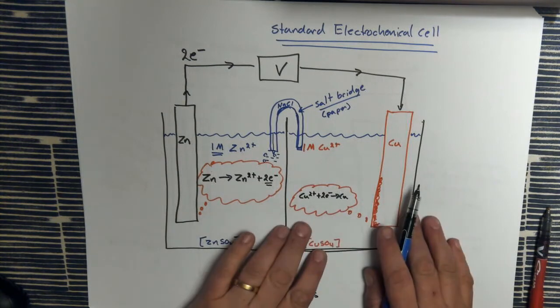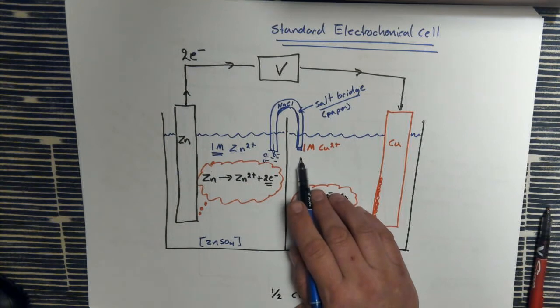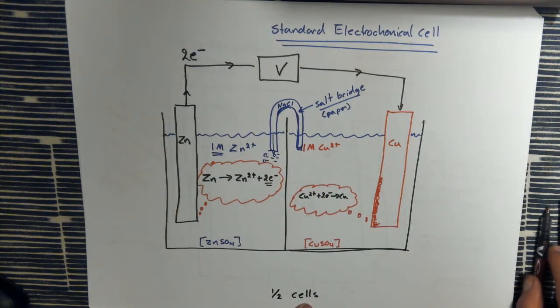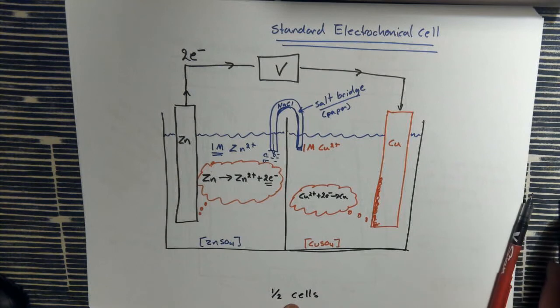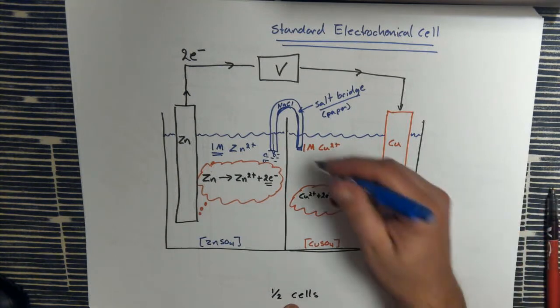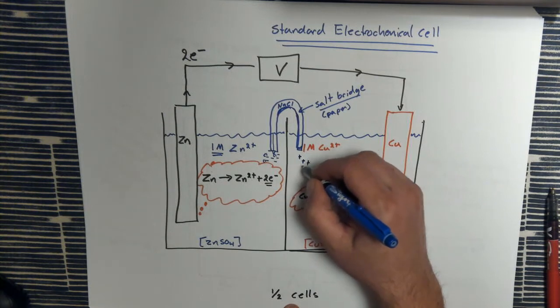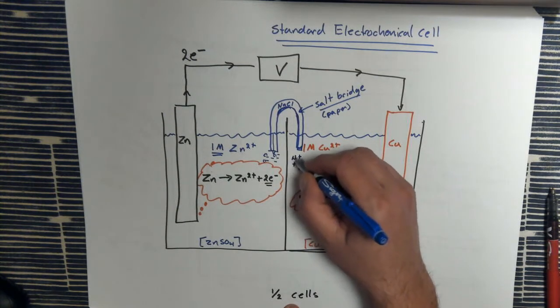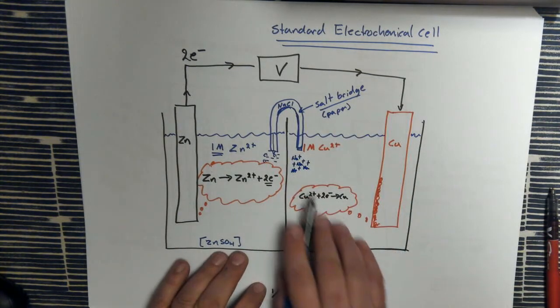In the other half cell, we have the other situation. This one is becoming more and more negative because we're removing the copper 2+ ions. So because it's becoming more and more negative, positive ions move out of the salt bridge in order to equalize the charge. So sodium ions flow from here into this.